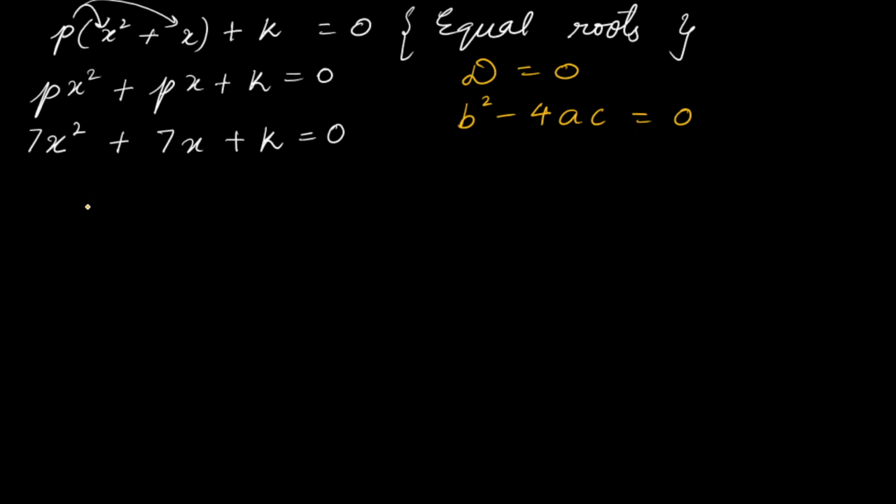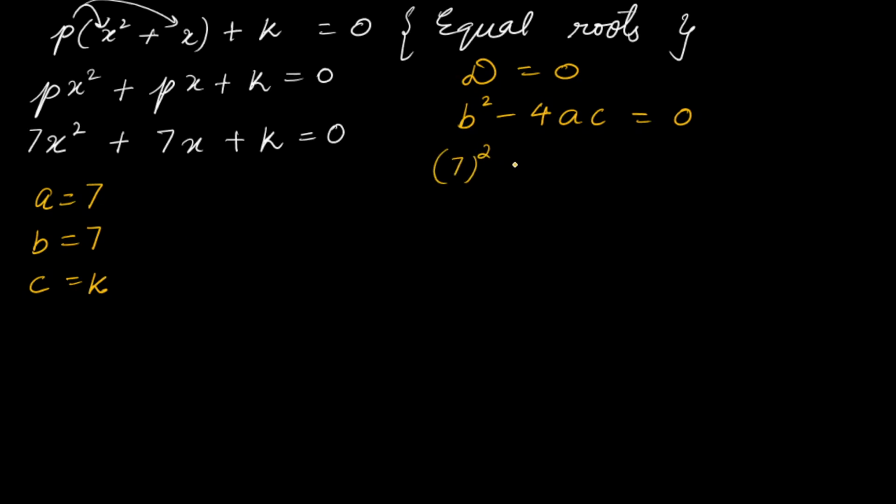So now in this equation we can see what's the value of a, b and c. A is the coefficient of x square, so a is 7, b is also 7 and c is k. We can substitute here. B is 7.